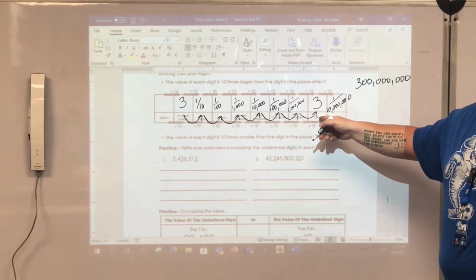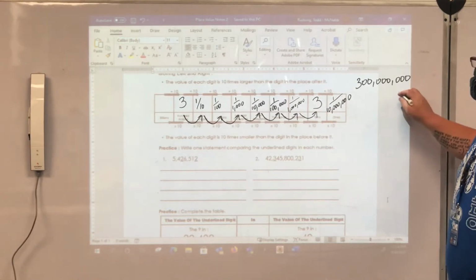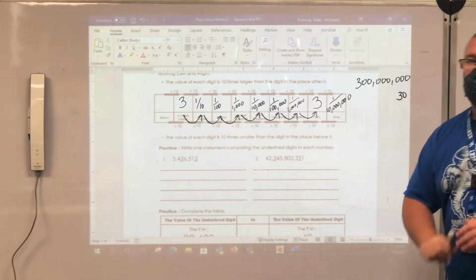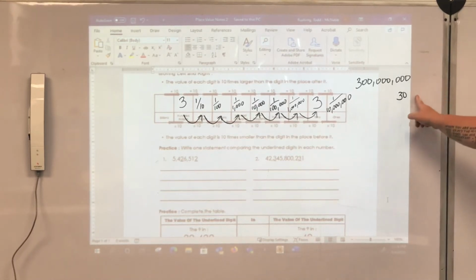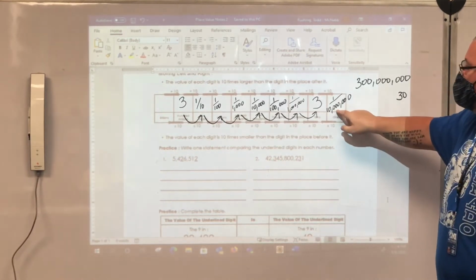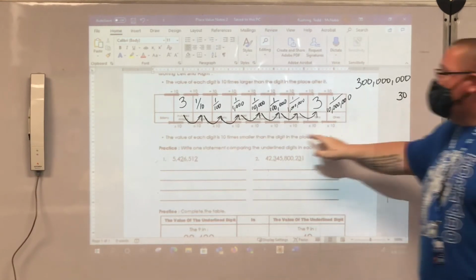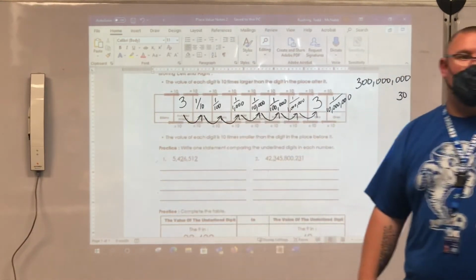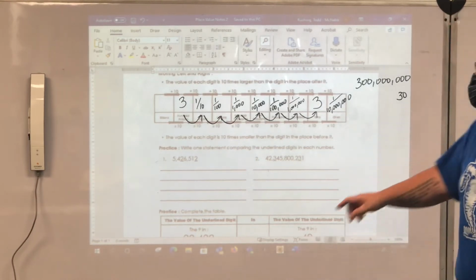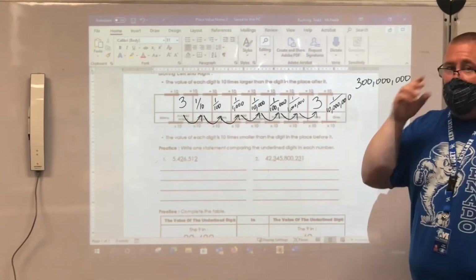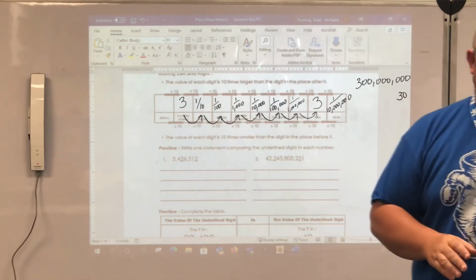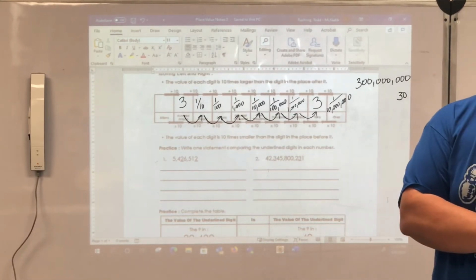So 3 tens is 30. So we have 300 million and we have 30. It'll take 10 million 30s to make 300 million. So this number is 1/10,000,000th the size of the larger number.